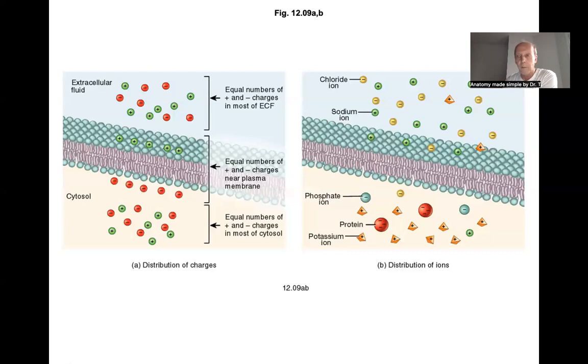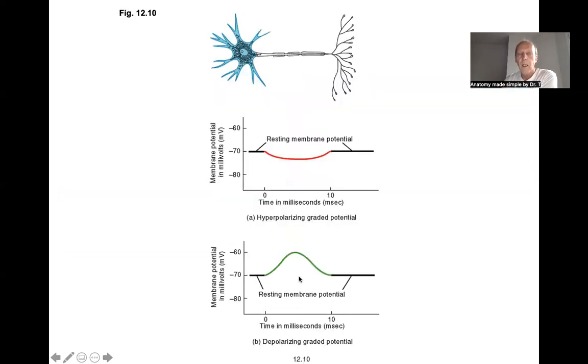Resting, because whatever we do, it should stay like this throughout the length of our life. But with some changes, of course, that charge starts changing, and it measures a little different than a flat line of negative 70 millivolts.